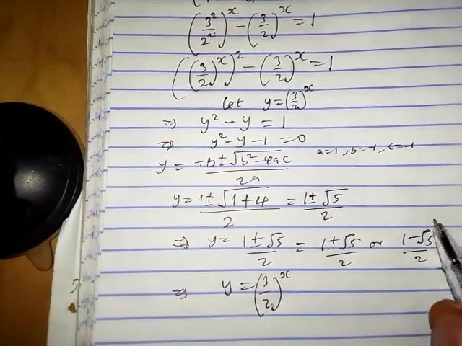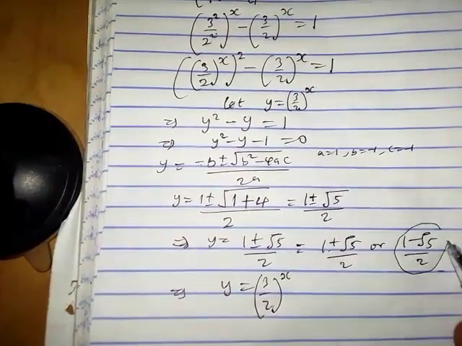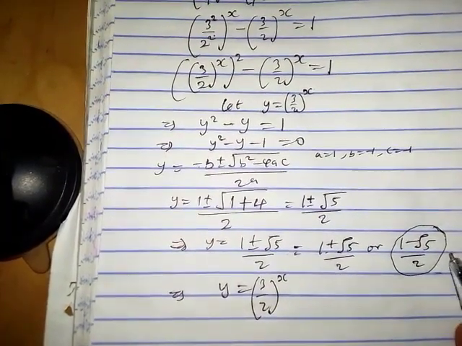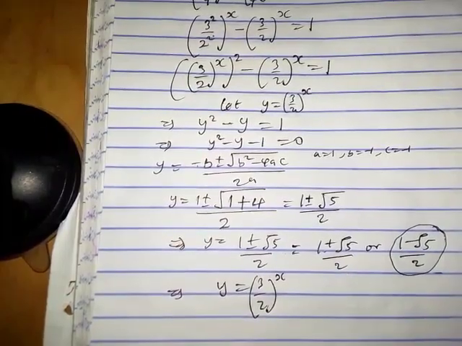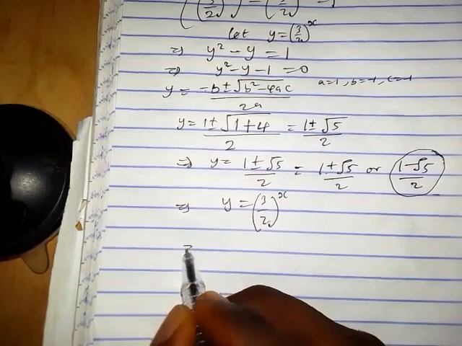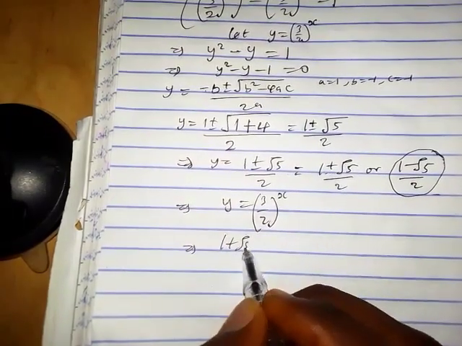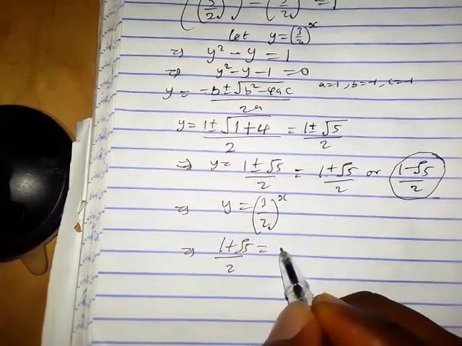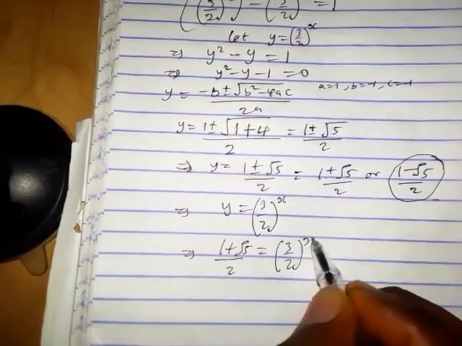But you observe that this one will give a negative root, and we don't want anything like a complex root. So we are going to consider this one. When y equals 1 plus square root of 5 over 2, we have 1 plus square root of 5 over 2 equals 3 over 2 raised to the power x.